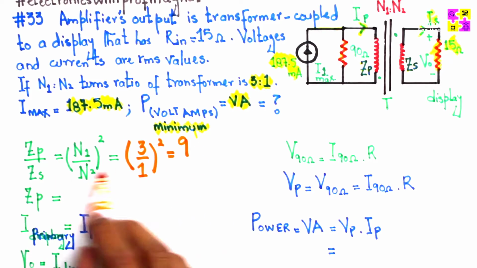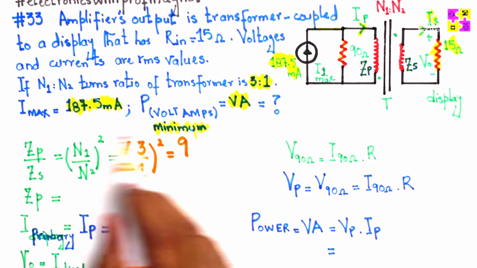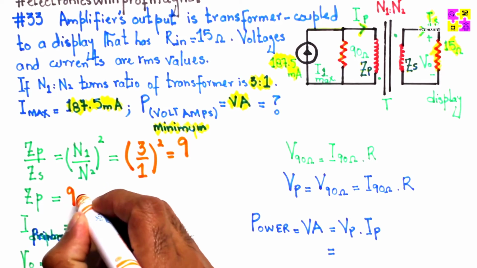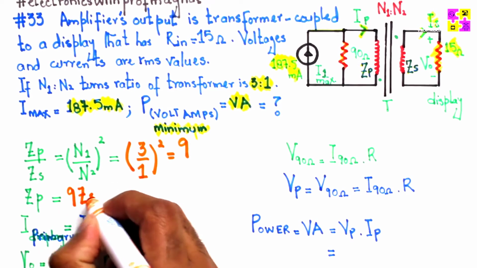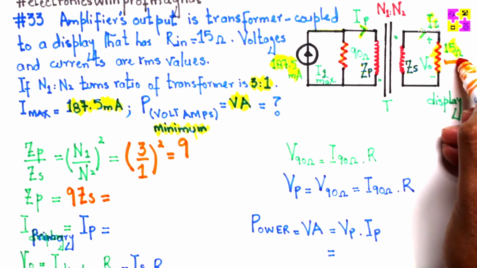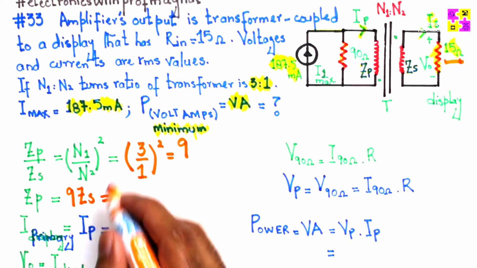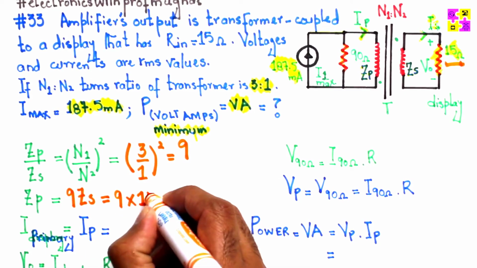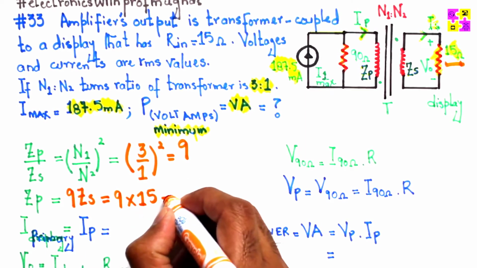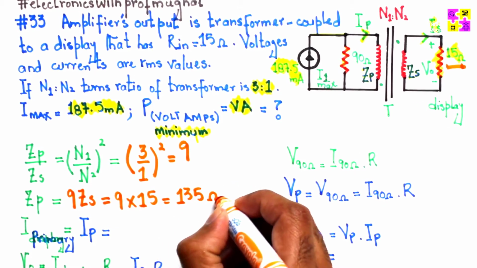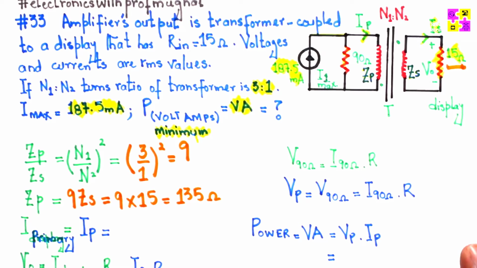From this equation, I can transform that into ZP equals 9 times ZS. And because ZS is simply 15 ohm, which is given here, if I take the product 9 times 15, that gives me 135 ohms. This is the primary impedance, correct?